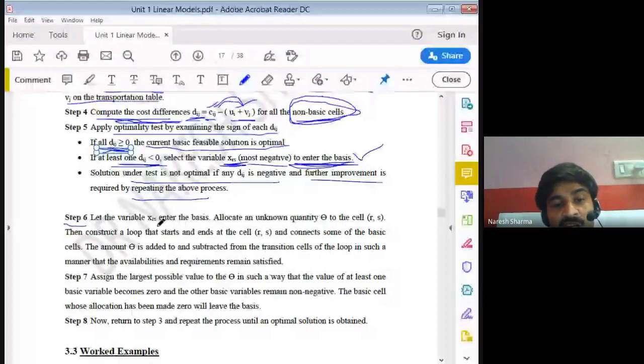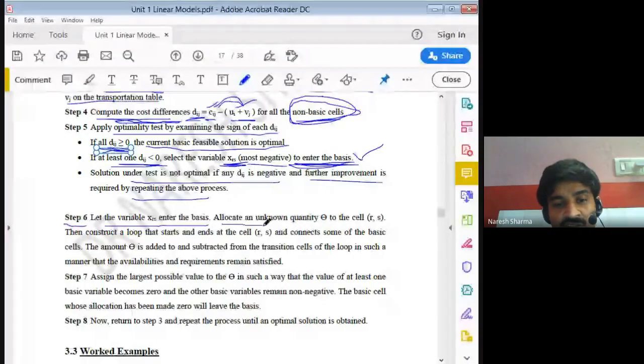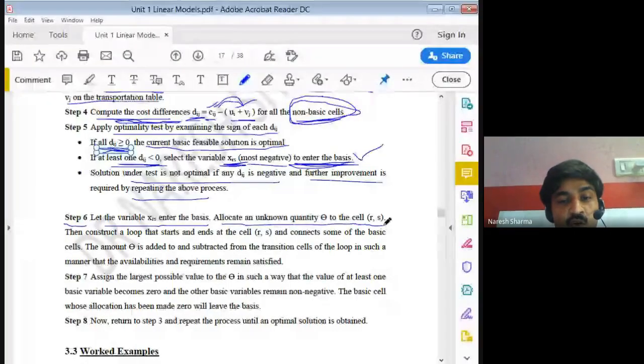Then for that allocate an unknown quantity, we say theta, to the cell RS. So you can just add theta at that location. That is allocation, right? Then construct a loop that starts at your RS location and ends also at the RS location.